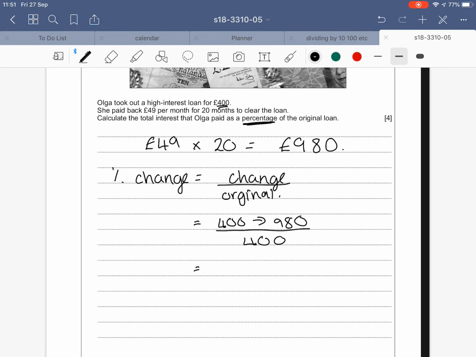So the difference between those two is 580 over 400. So you want to change that into a percentage. So if I divide both of them by 4, I'd get 145 over 100, which is 145%. Because obviously it's doubled, so it's definitely more than 100%.